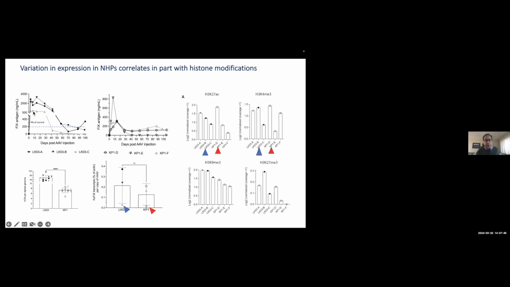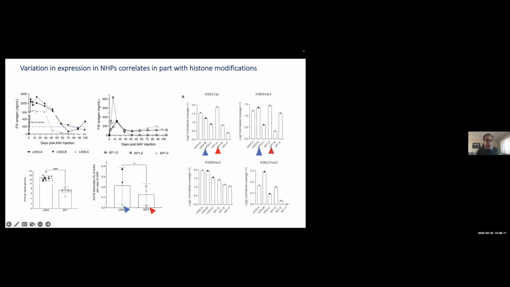But interestingly, there was one animal in each group that didn't express well from the beginning, before the antibodies were formed. If you look at the DNA copy number, or the vector genomes per diploid genome, within each group, we know LKO3 works better than KP1 and gets into the cells better based on DNA copy number.